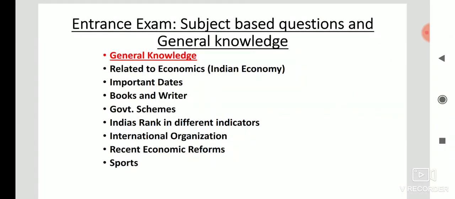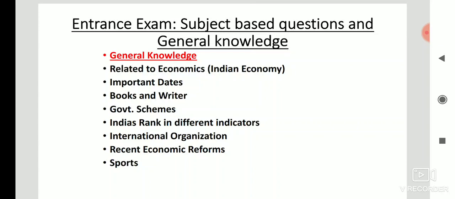Now, this year the entrance exam question paper is based on subject. Subject means our own economics subject or different papers of economics, and also general knowledge. When we talk about general knowledge, the question may be related to economics, or basically related to the Indian economy.